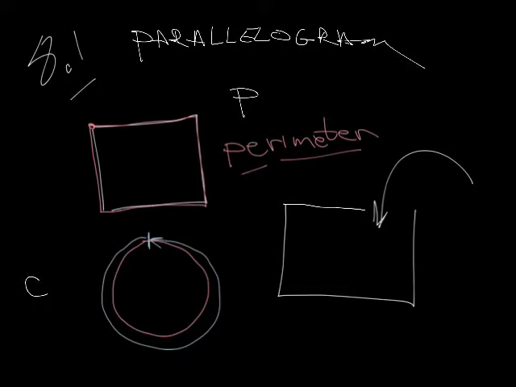A parallelogram means that the opposite sides, so say this side and this side, are going to be parallel, and this side and this side are going to be parallel to each other. The way to solve the perimeter of a parallelogram is the same as solving the perimeter of a polygon. You're just going to add up the sides.